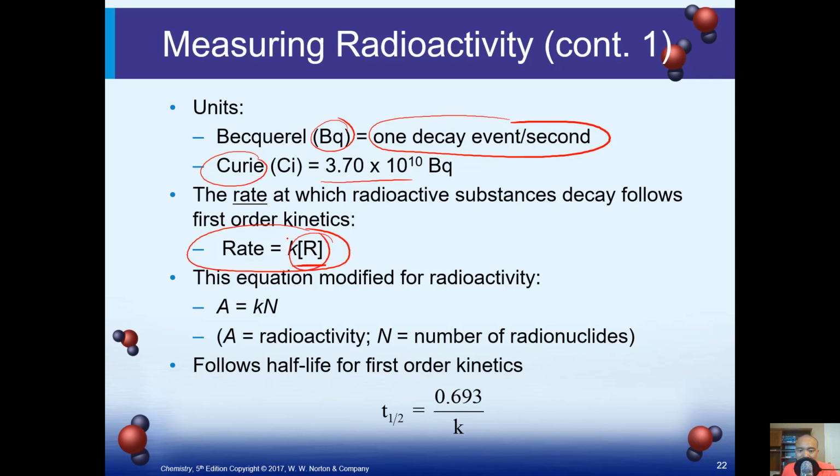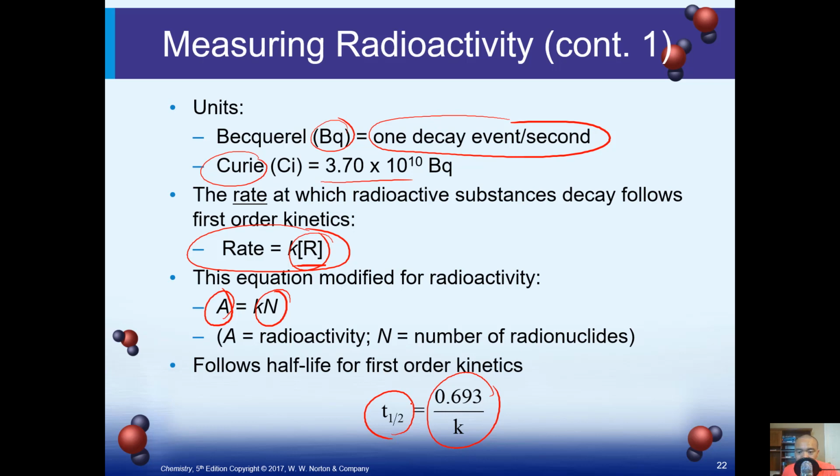In terms of radioactive decay, the rate is proportional to the radioactivity, A, and we use the quantity of radionuclide, N, rather than concentration. Since it's a first order process, the decay constant, k, is related to the half-life as demonstrated previously in chemical kinetics. And the half-life for a first-order reaction is always 0.693 over k.